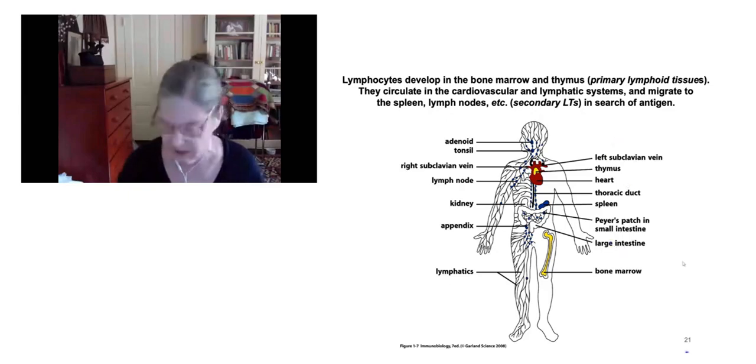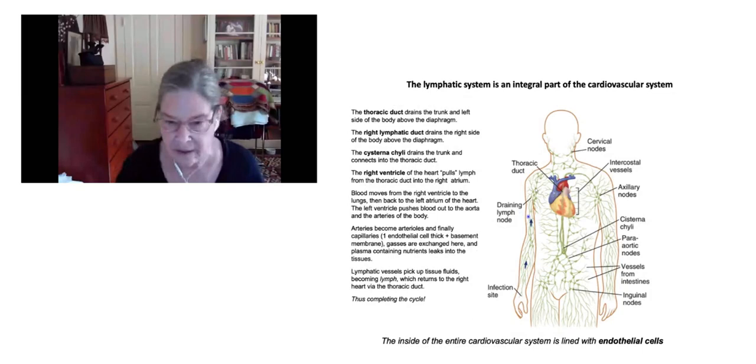They're constantly checking them out. Here's another picture of the explanation I just gave you, if you want to go back and read it, because it's kind of complicated. But the point is that all of these lymphatics return to your right heart through your lymphatic vessels. So it's kind of like a mirror image of your vascular system.